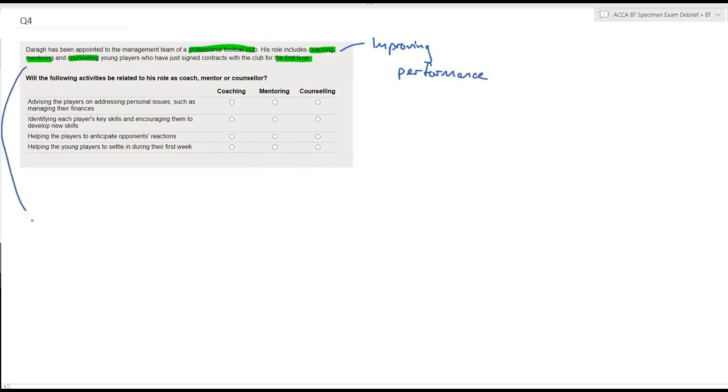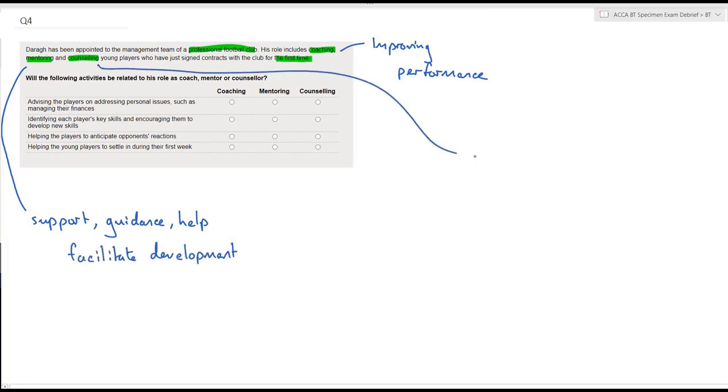When we're thinking about mentoring, we're thinking about support, guidance, help that will facilitate development. And with counselling, it's around helping someone with problems, to deal with them, or even simply to identify them. So let's have a look at the 4 options here.